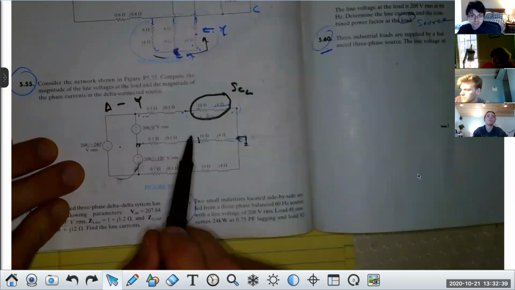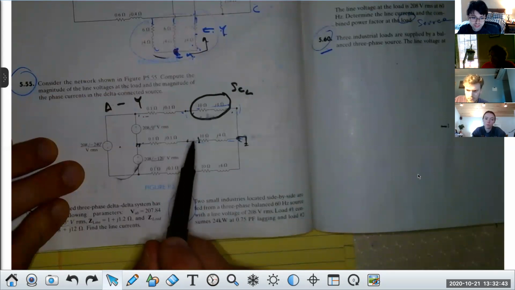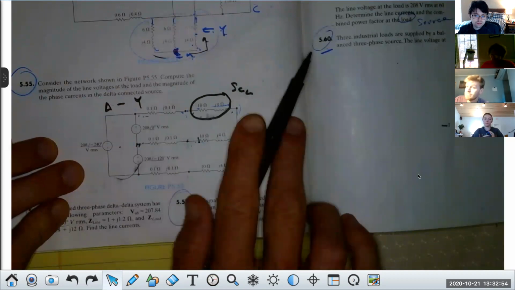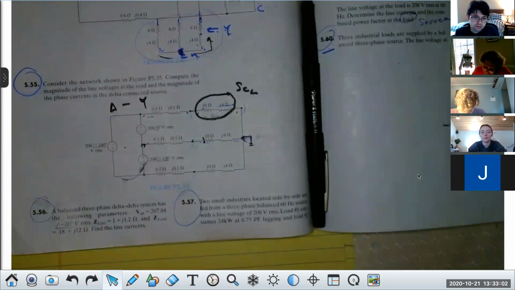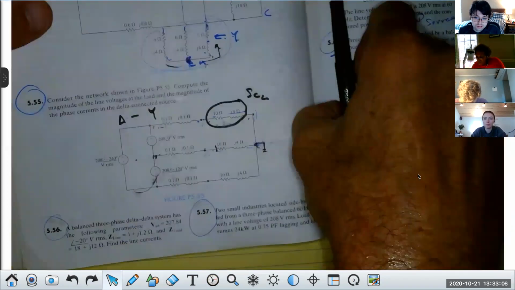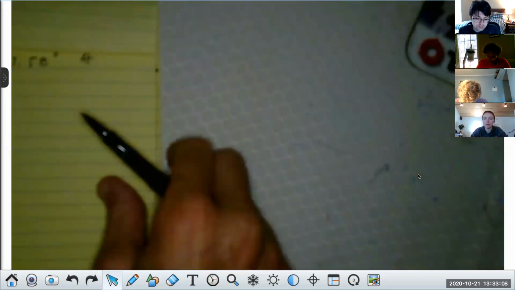I looked up the results in the book solution for the last one. They got a very different answer. For what? The 5.54. They got a very different answer than what we got. If you gave me the right value for the parallel combination of those two, then that should be the right value.